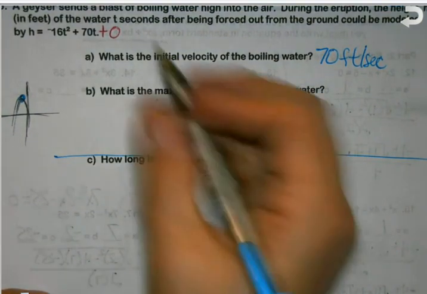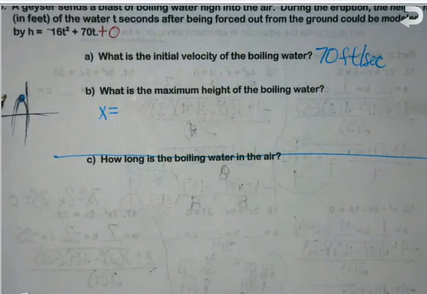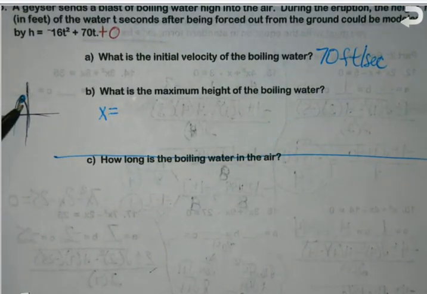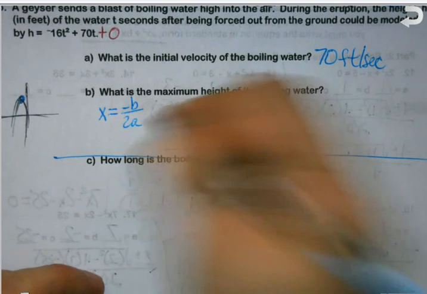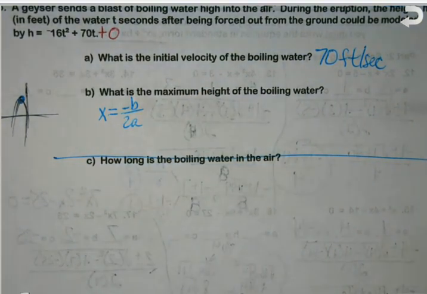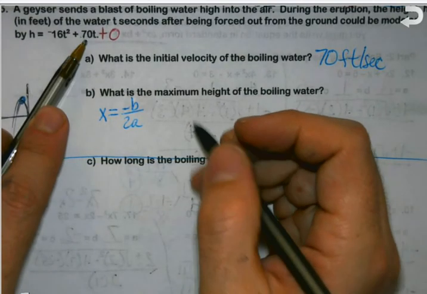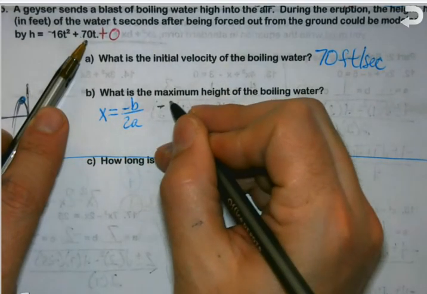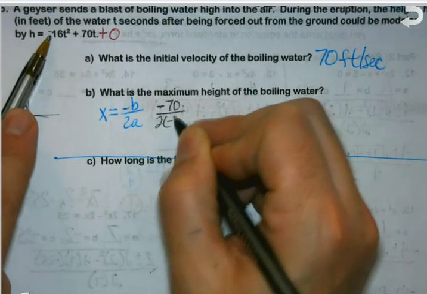Oh, the vertex. What's the formula for finding the vertex when we're in standard form? Negative b over 2a. So to find this maximum height, I'm going to have to find this x value so I know what y is. So let's see. There's my b. So negative b over 2a.